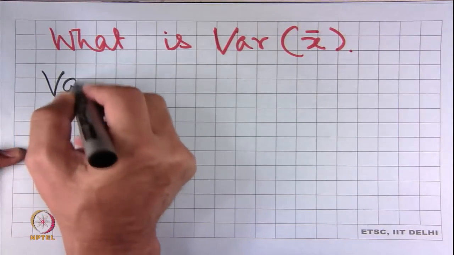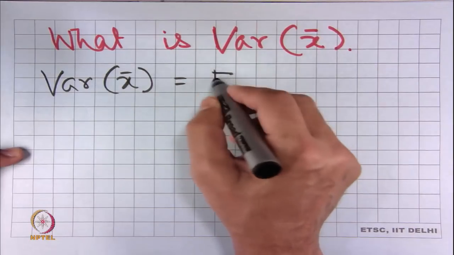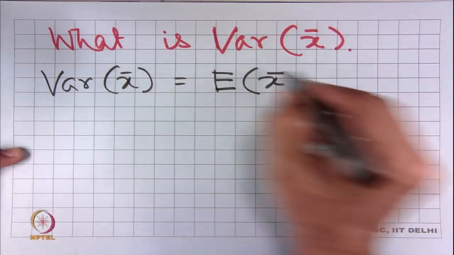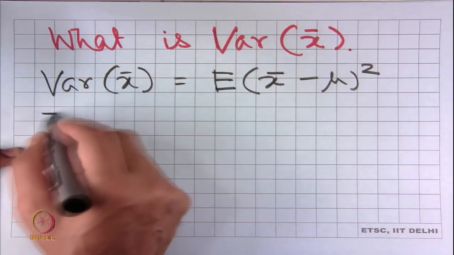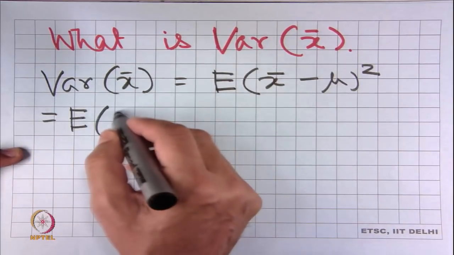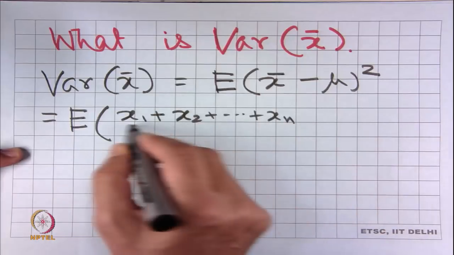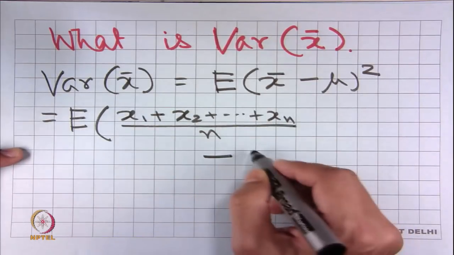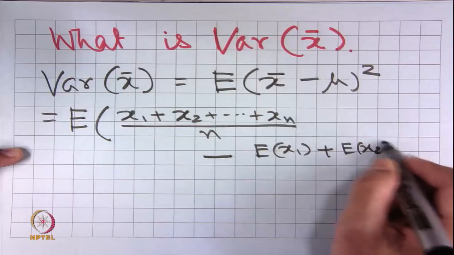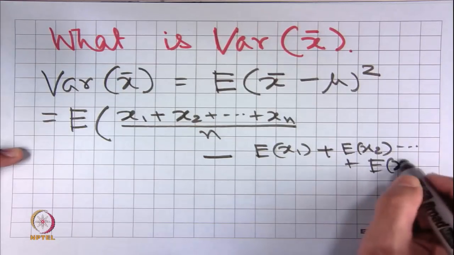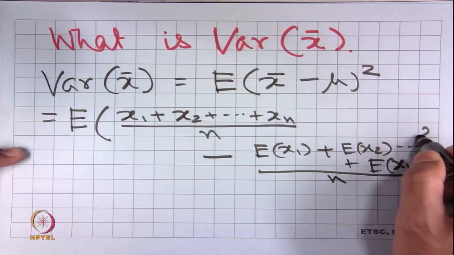We know from the definition that variance of x bar is equal to the expected value of x bar minus mu, whole square, which is equal to the expected value of x 1 plus x 2 plus up to x n by n, minus expected value of x 1 plus expected value of x 2 plus up to expected value of x n, divided by n, this whole square.